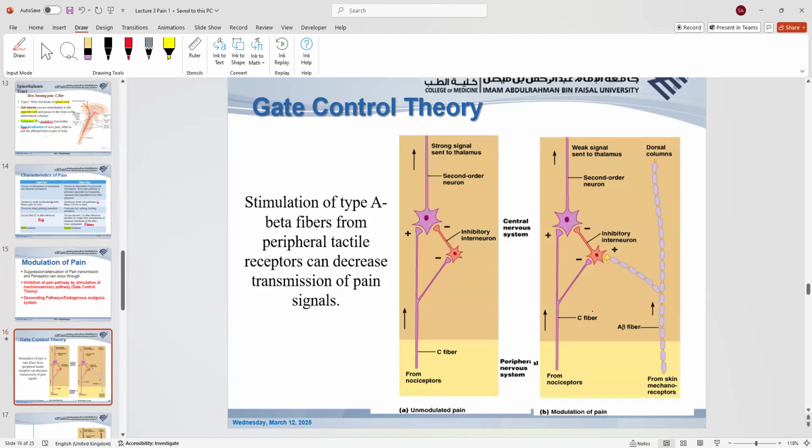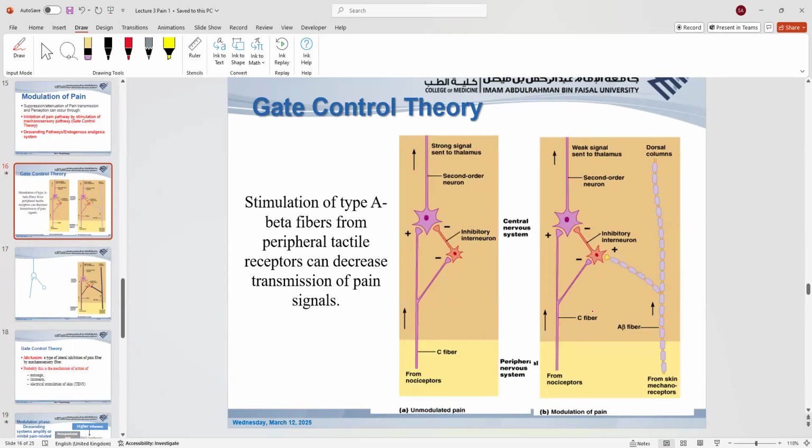So, what is gate control theory? What you see in the left panel, next to where it is written, stimulation of type A beta fibers from peripheral tactile receptors can decrease transmission of pain. If you start from the bottom, nociceptor is written here, and it is a C fiber that is taking the pain signal.